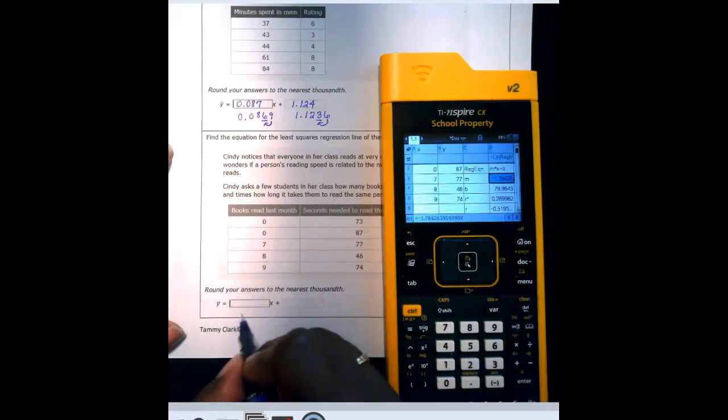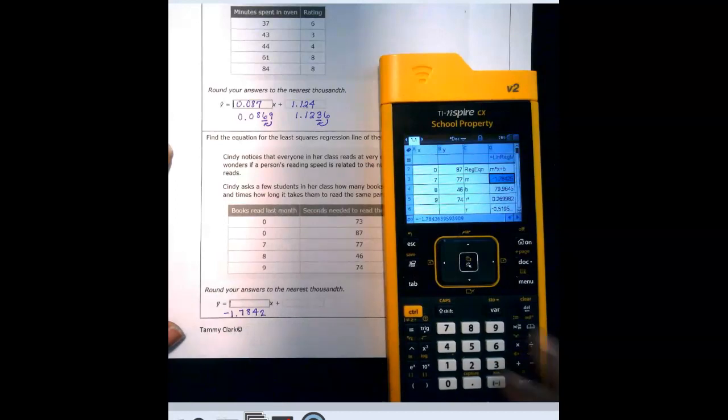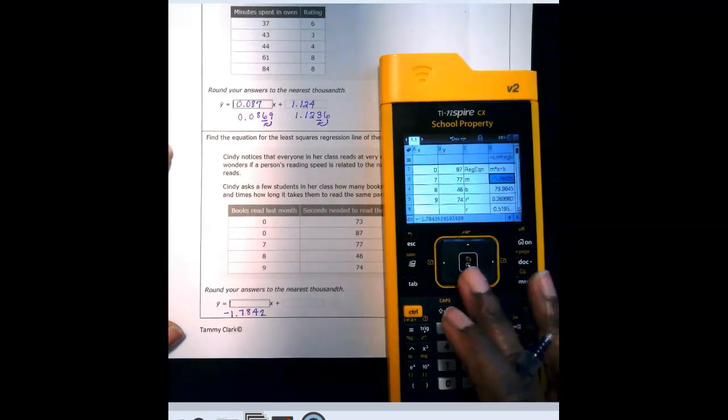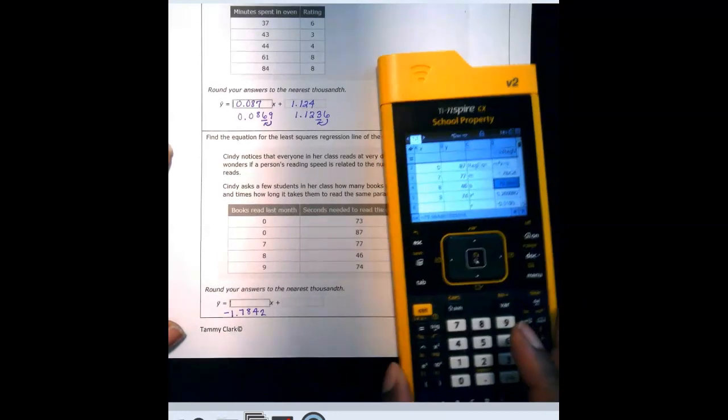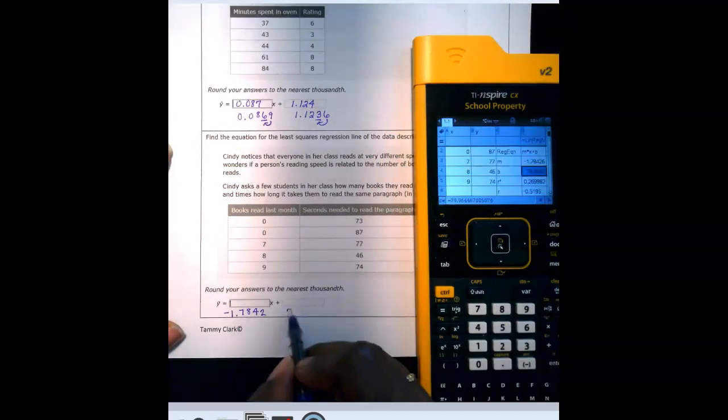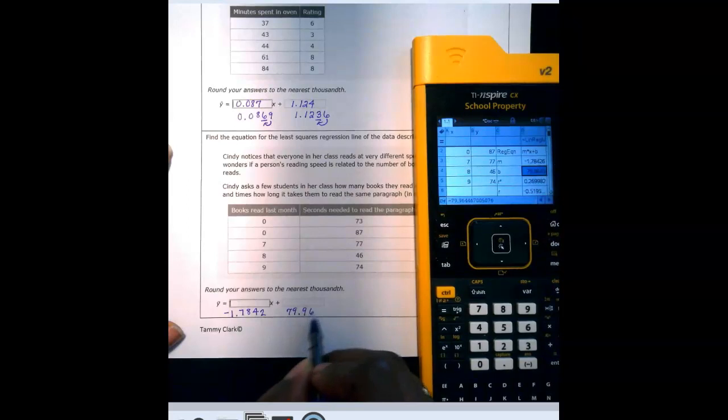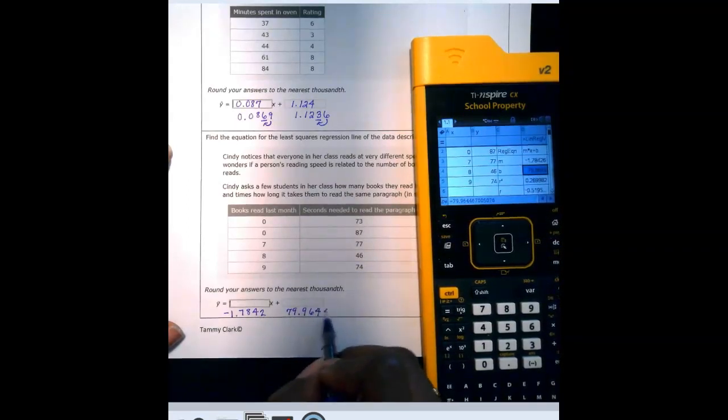It is negative 1.7842. And then our y-intercept is 79.9644.